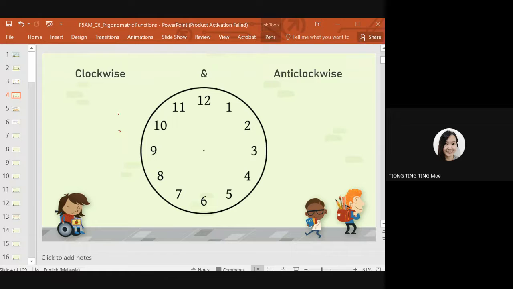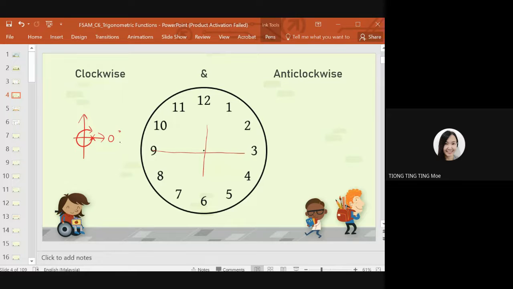So we start. 0 degree, clockwise, like this. We always start from this point, the x-axis here. We start from 0. If clockwise like this, it follows the time: 1, 2, 3, 4, 5. Follow the time.